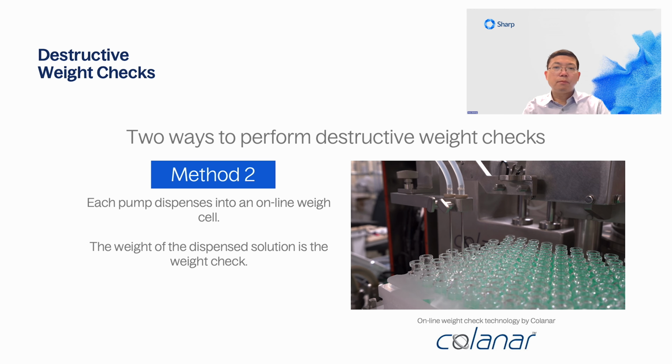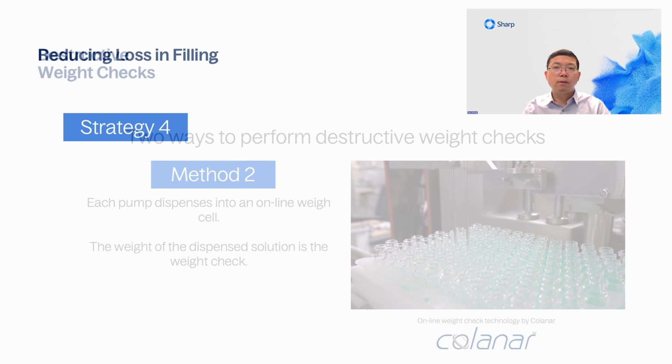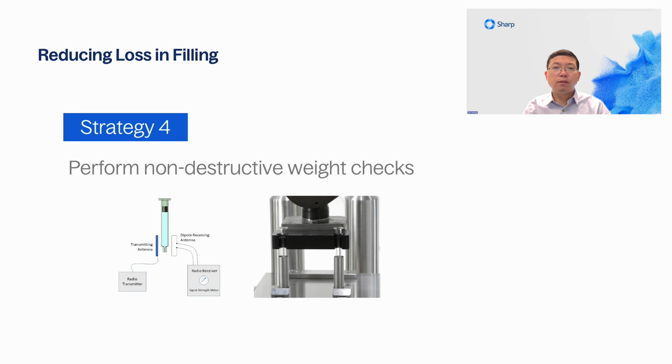And most CMOs require a passing weight check before they can continue filling. If your CMO has the capability to perform non-destructive weight checks, then that is a great way to limit product loss.